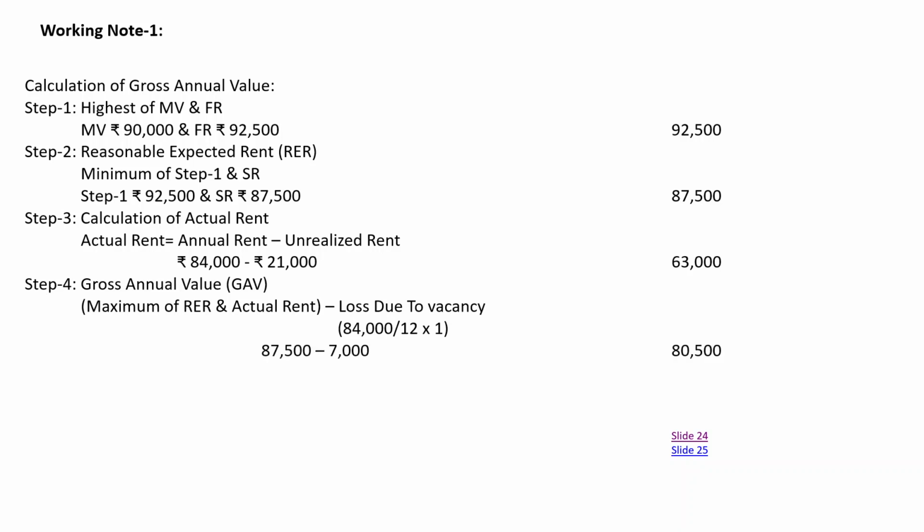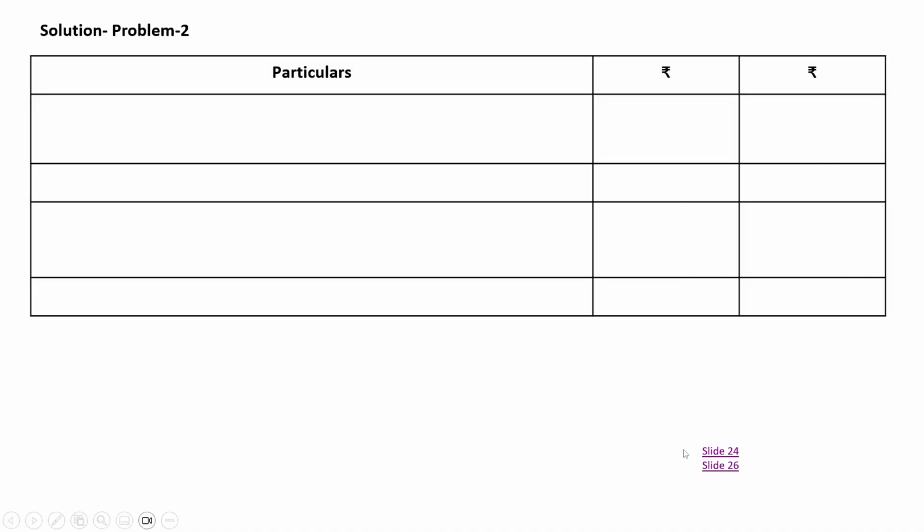So the maximum of the RER and actual rent is 87,500 minus loss due to vacancy 7,000, and therefore we get the gross annual value of 80,500. Understood? Put that in the problem. So gross annual value, as per working note number 1, is 80,500.